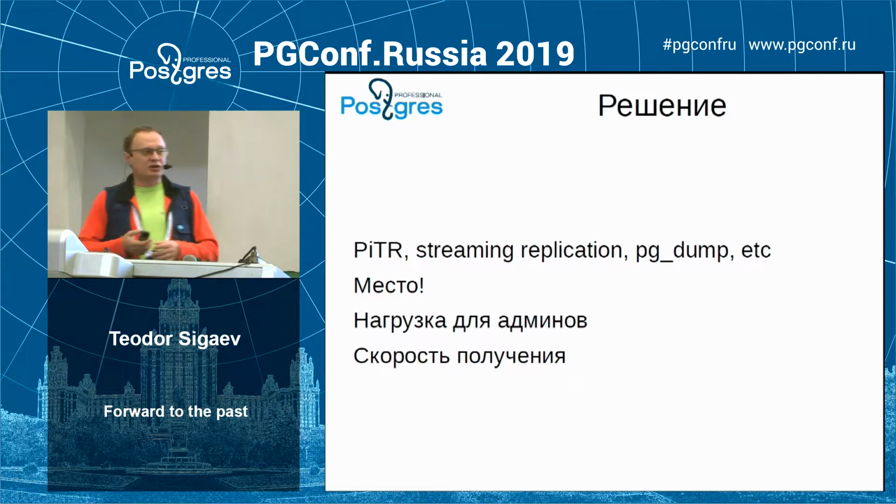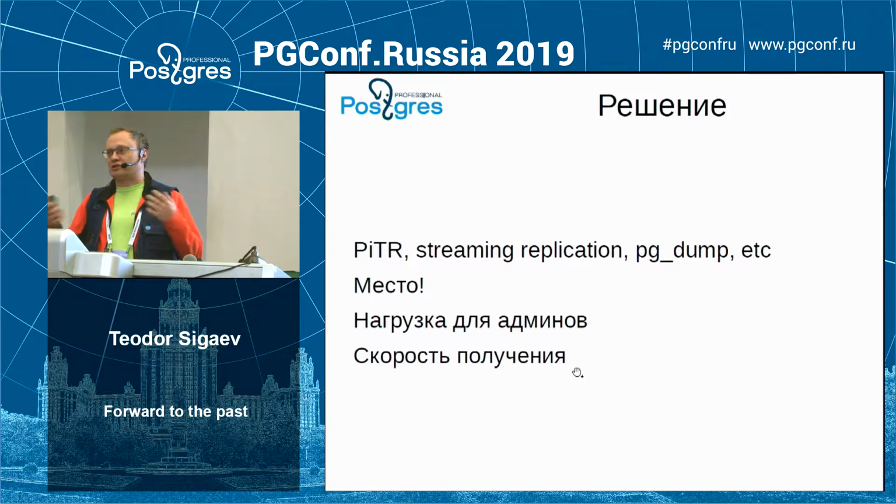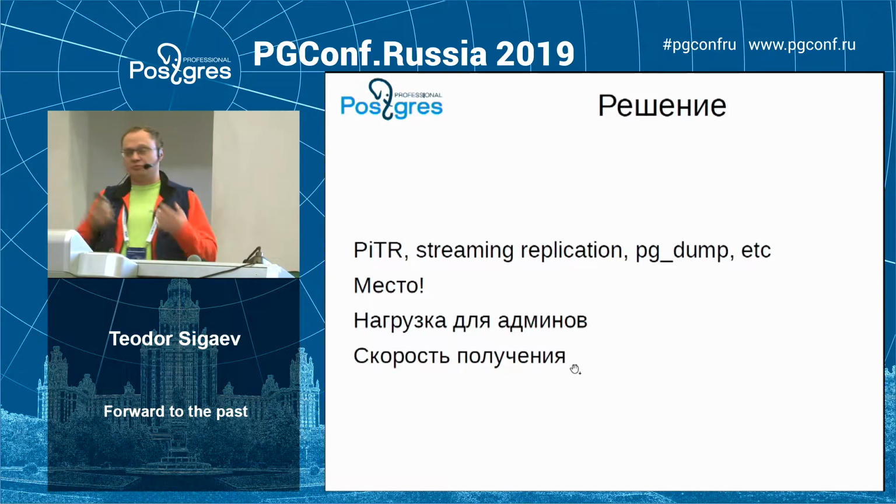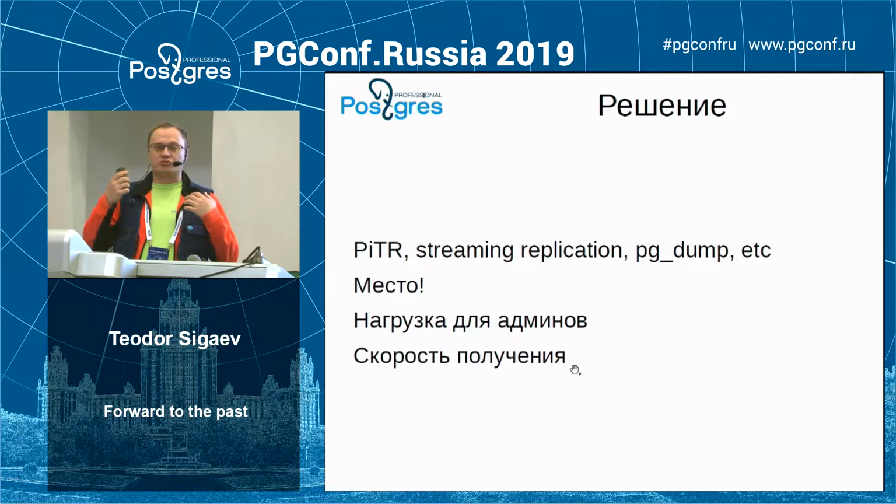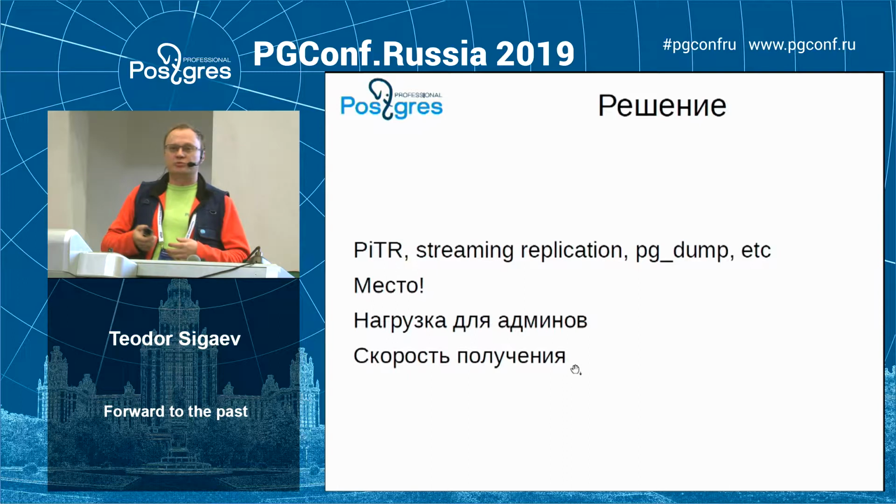With streaming replication, it's easier, but the problem is that you have to put it one on one, and if you would like to have a few replicas, you need more space, more machines, more admins. And if something goes wrong, the first thing admins do is disable functionality they don't need.